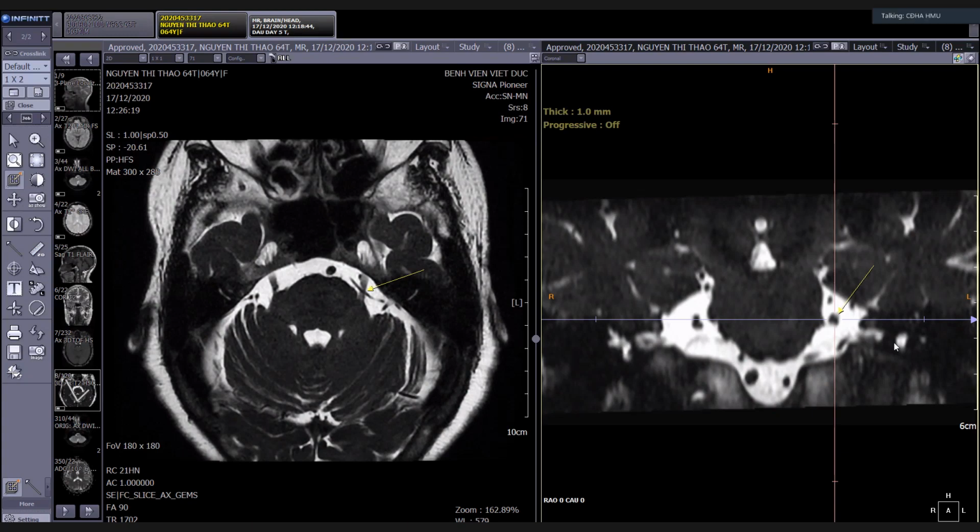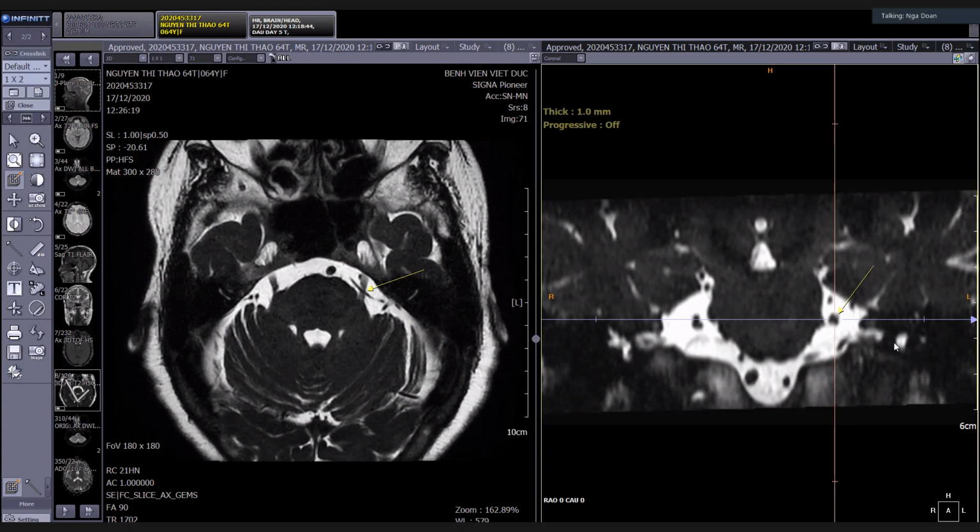And Nga, how about the role of clinical symptom? For example, if I see the connection, the compression or the abnormality between the nerve and the vascular structure, but the patient doesn't have any clinical symptom, can I conclude that, can I make a diagnosis of neurovascular conflict?